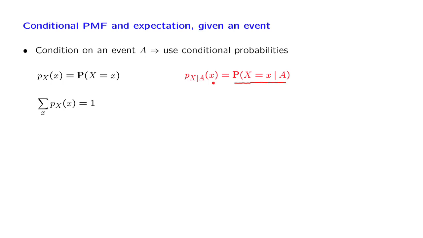We will use this notation here to denote the conditional probability that the random variable takes the value little x. Notice that the subscripts are used to indicate what we're talking about. In this case, we're talking about the random variable x in a model where event A is known to have occurred. Of course, for this conditional probability to be well defined, we will have to assume that the probability of A is positive.